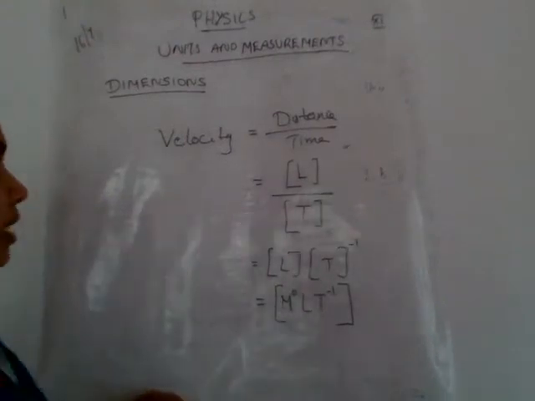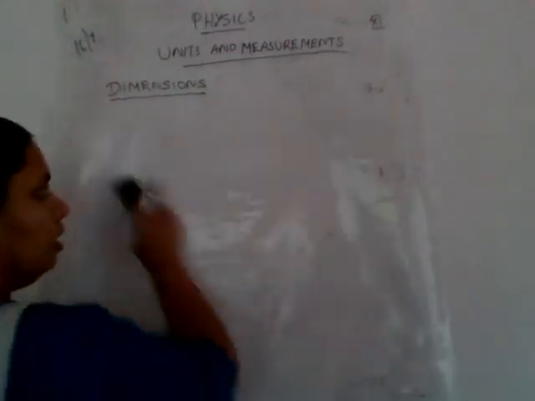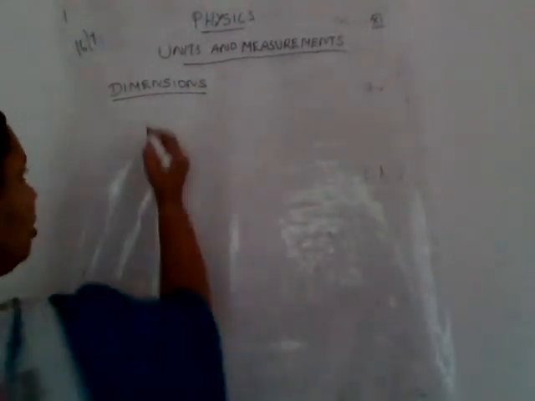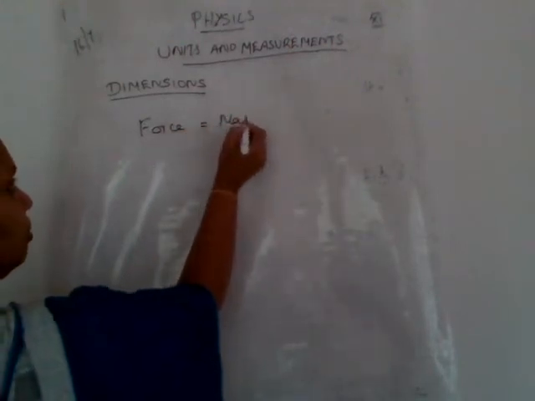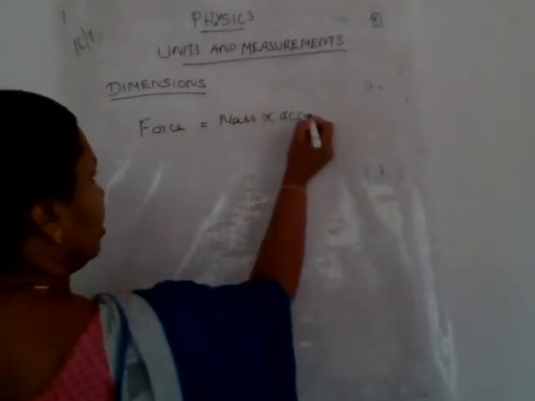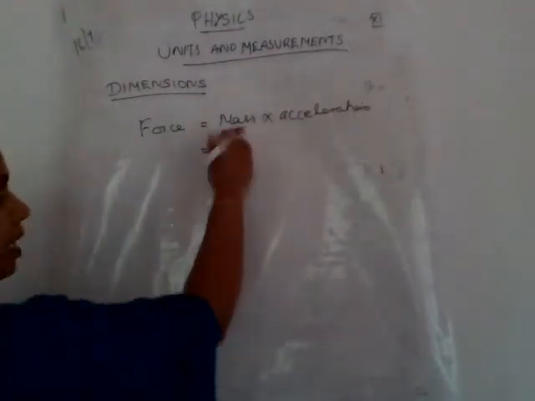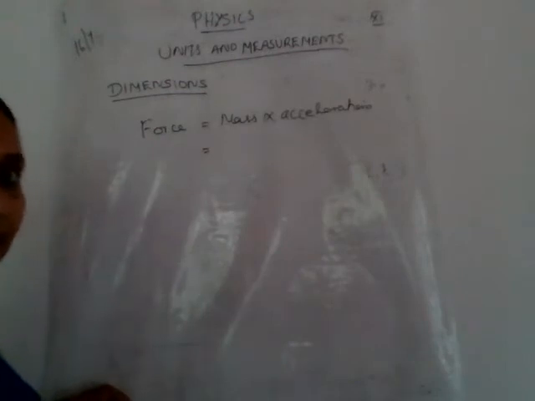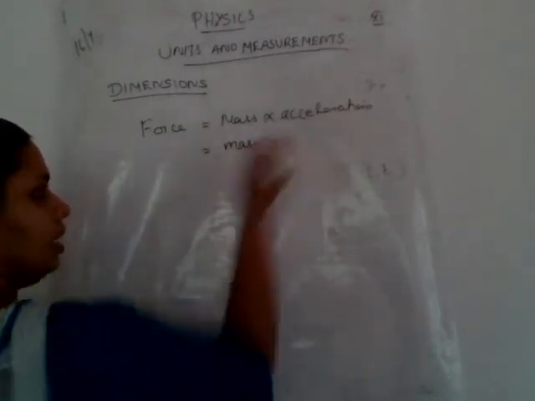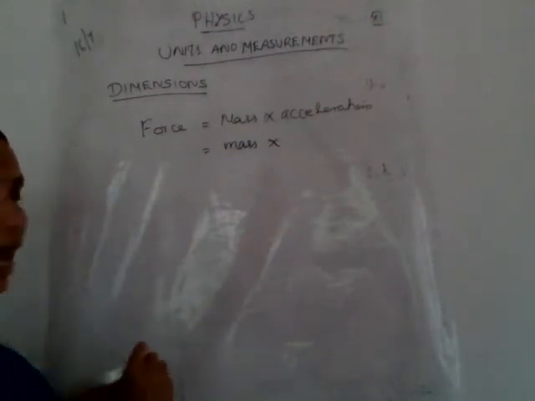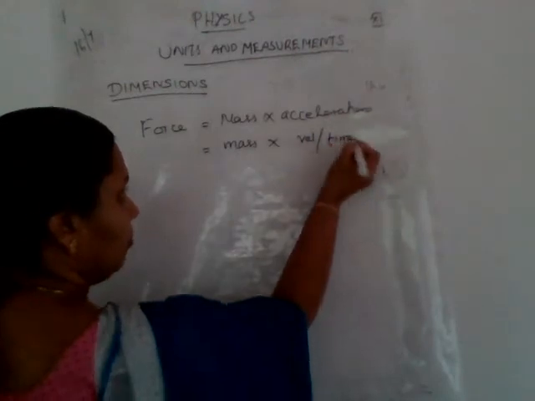One more example: we can take force. What is force? Force is equal to mass into acceleration. Mass, we know directly, is a fundamental quantity. What is acceleration? Acceleration is velocity by time.